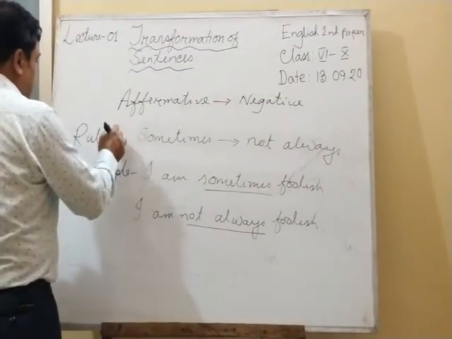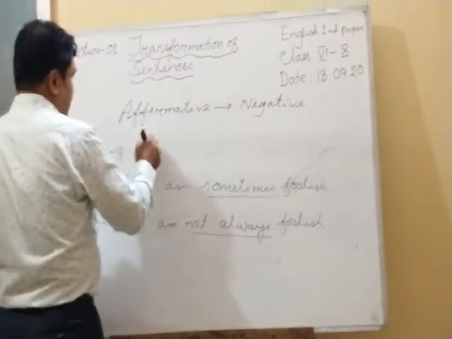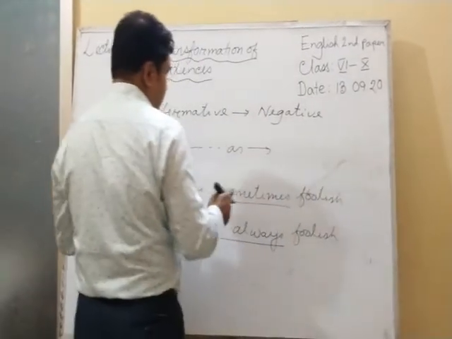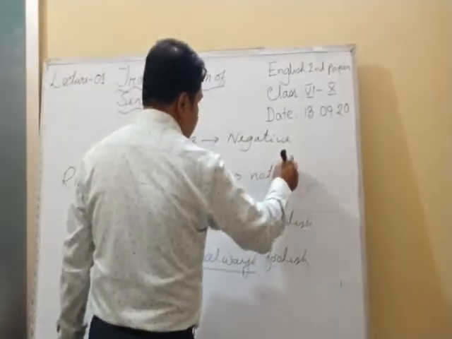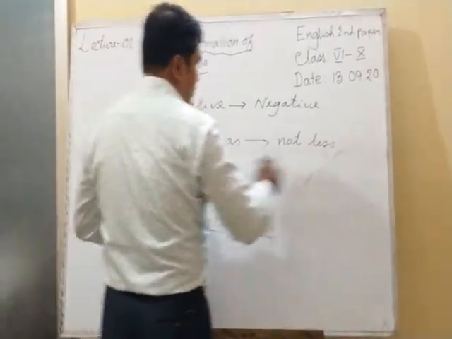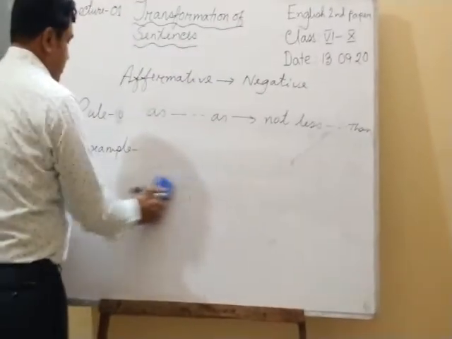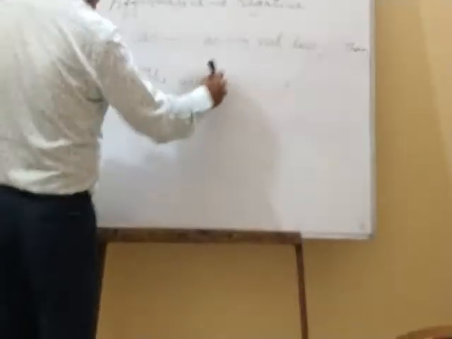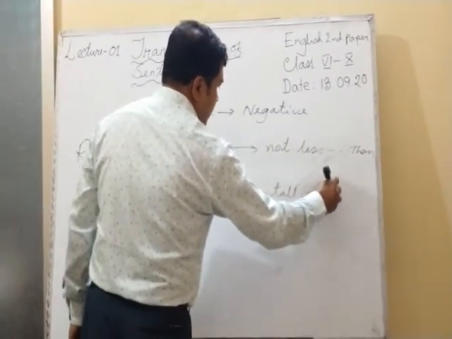Rule number 10. As... as. Not less... than. The girl is as tall as her mother.